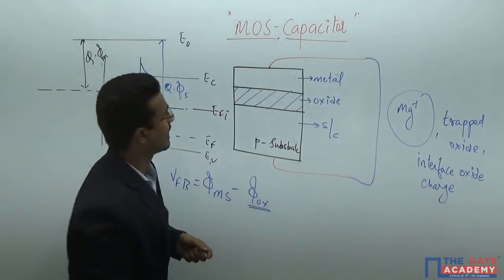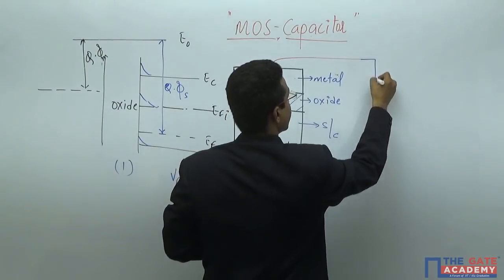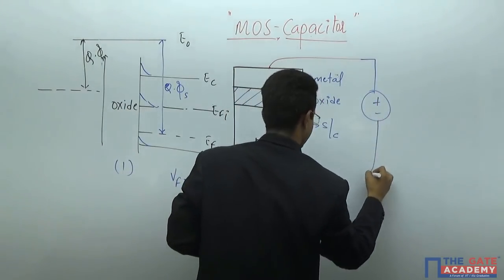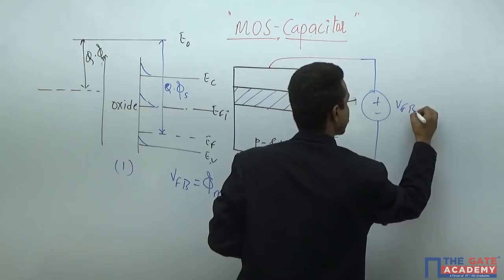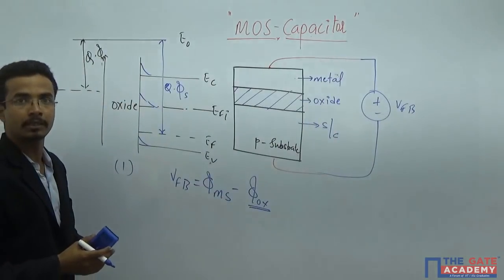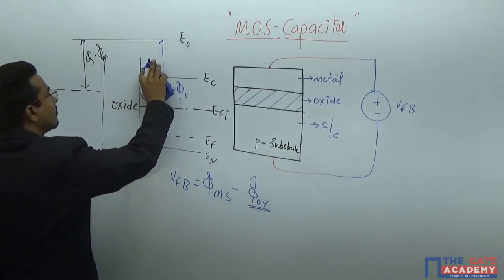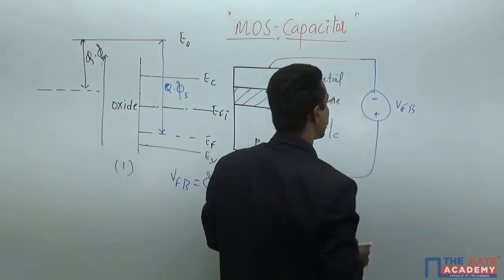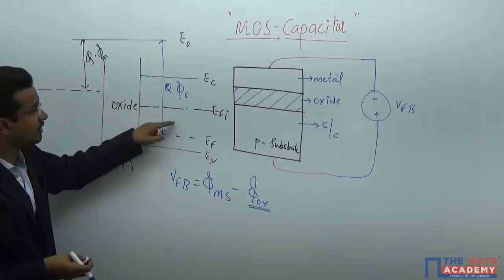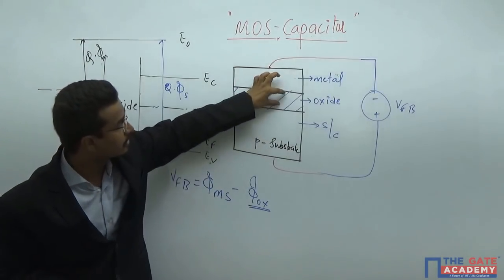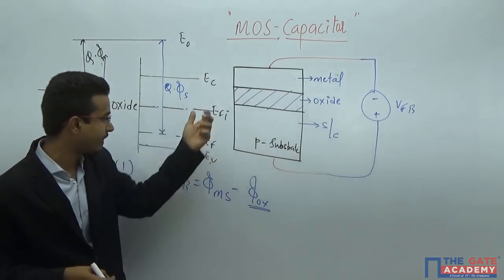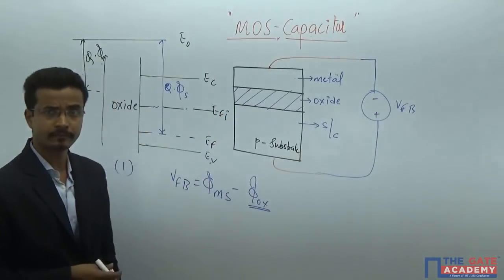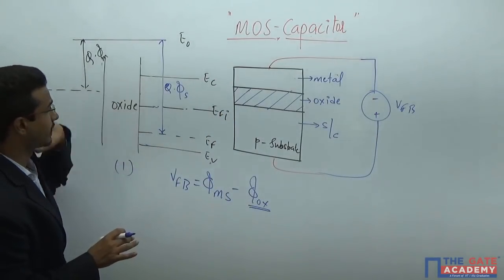So if you apply this, then what will happen? This bending will bend out. Basically, this will be opposite in nature, because here phi ms is positive and this Qox is positive. That means the overall number will be negative.